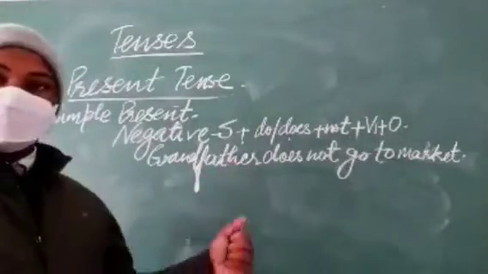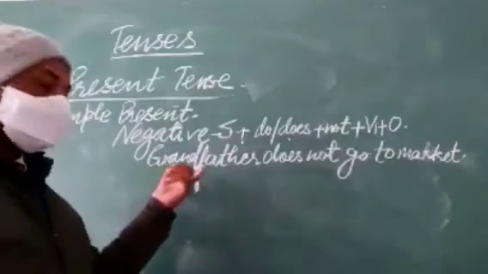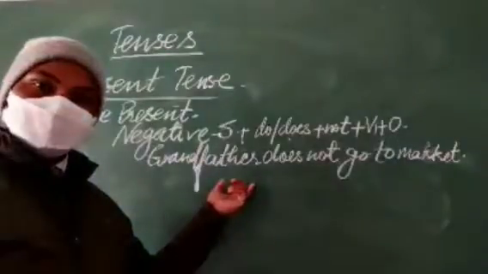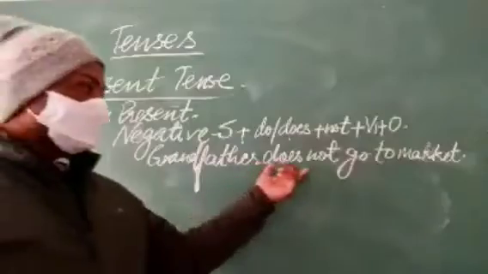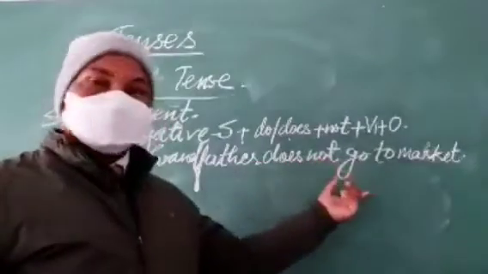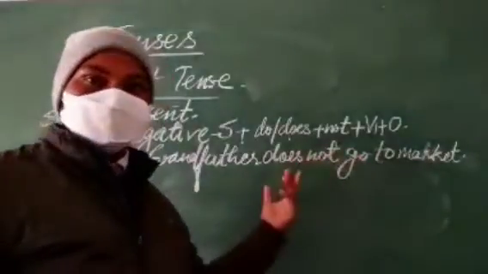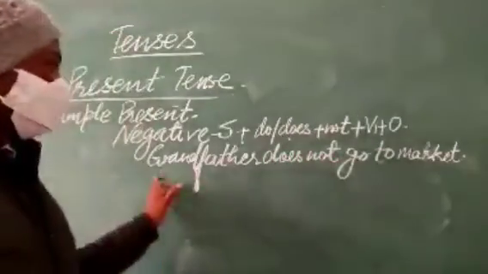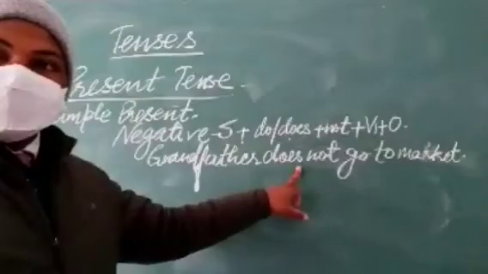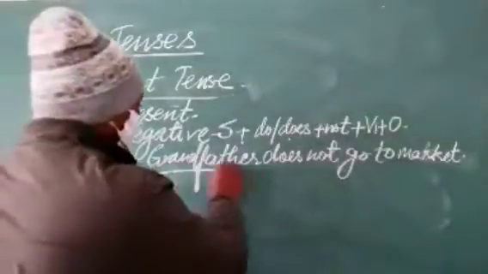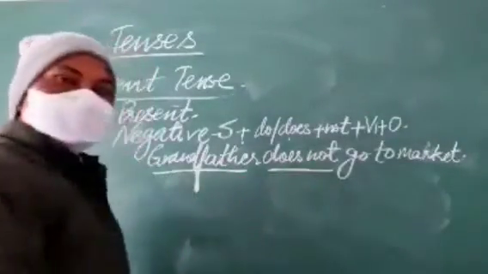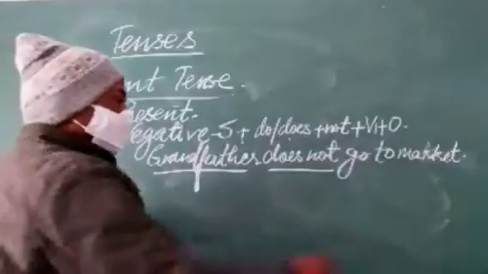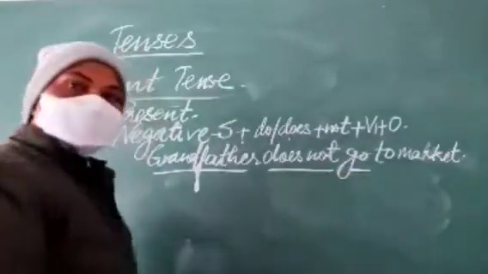Grandfather is singular. So, does not go to school, or does not go to market, or does not go to park or anywhere. So, does not with the singular subject, that is grandfather. Verb first form, go.